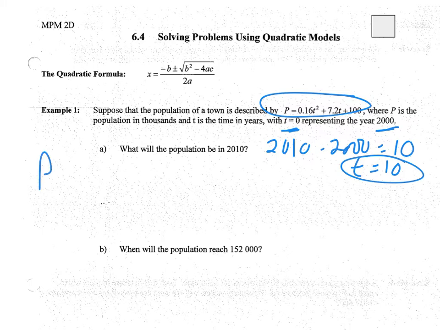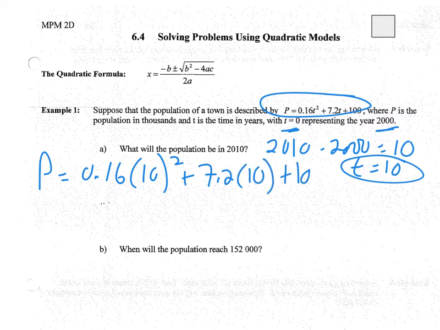So we begin with population equals 0.16 times 10 squared plus 7.2 times 10 plus 100. 0.16 times 10 squared. 10 squared is 100.